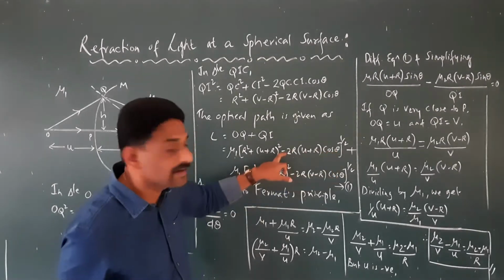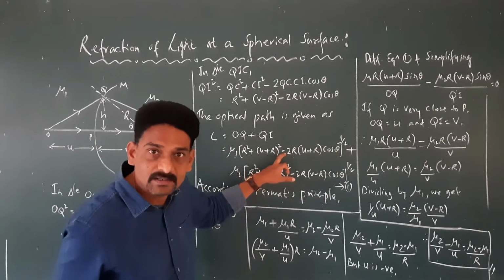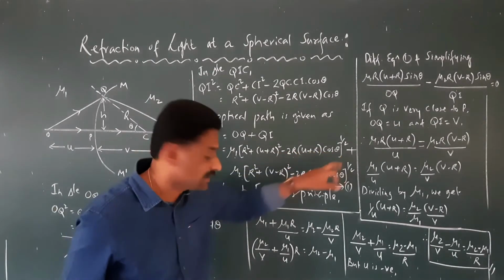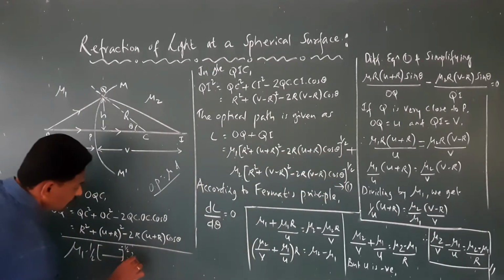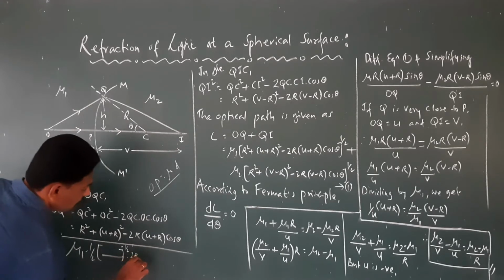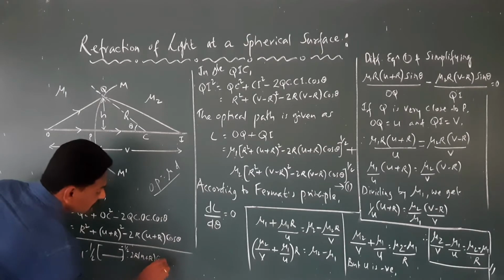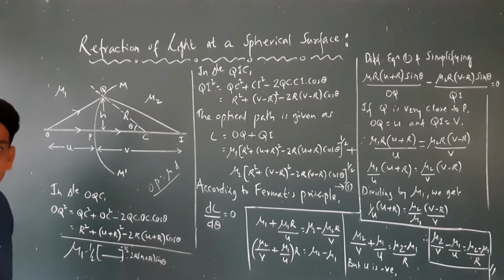So minus into minus is going to be plus, right? So it is going to be 2r into u plus r, into sin theta.